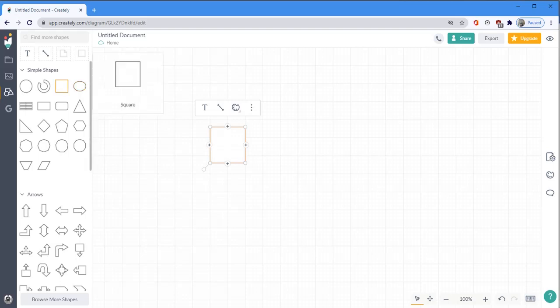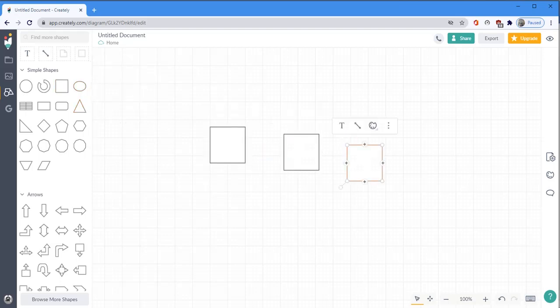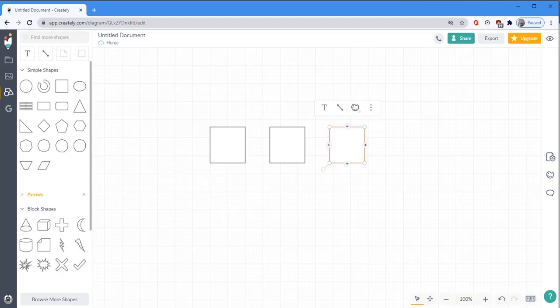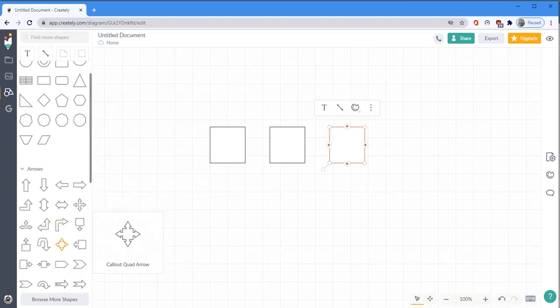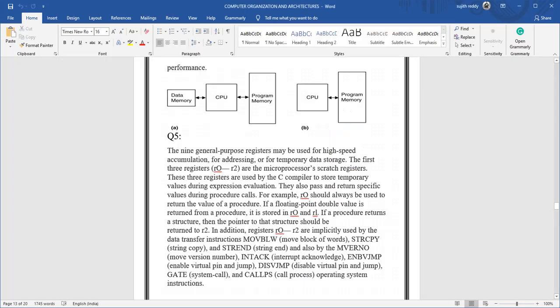Square, another square, another square. You can add arrows, different types of arrows. These are two-way side arrows, and here we are using very small two-way side arrows. So: data memory, CPU, program memory.